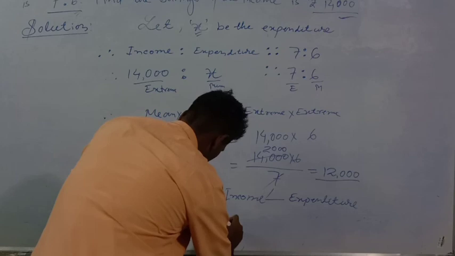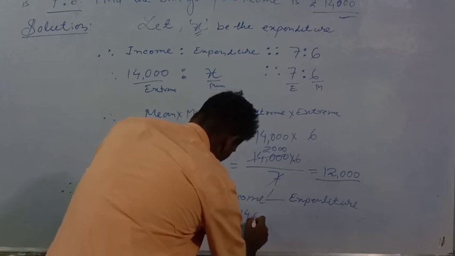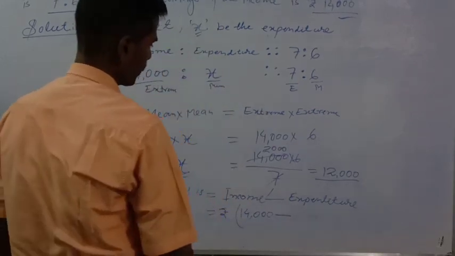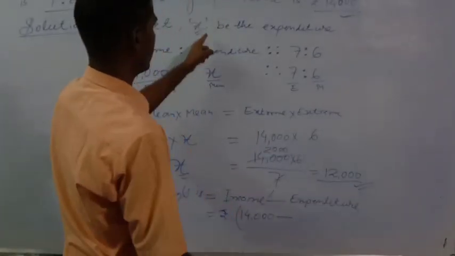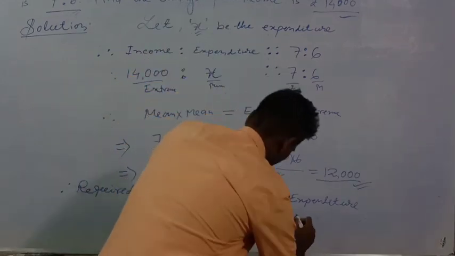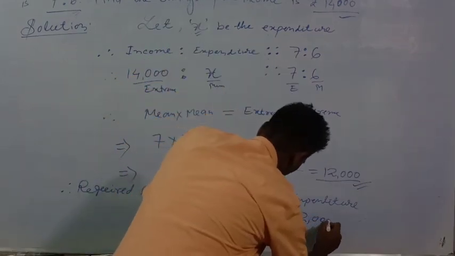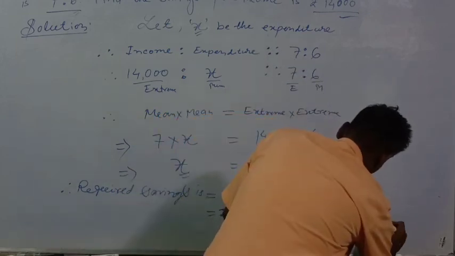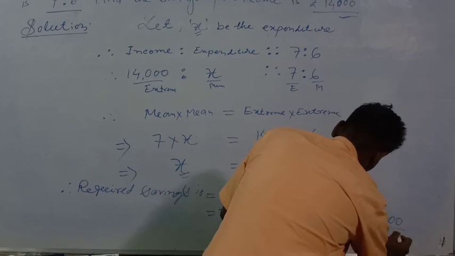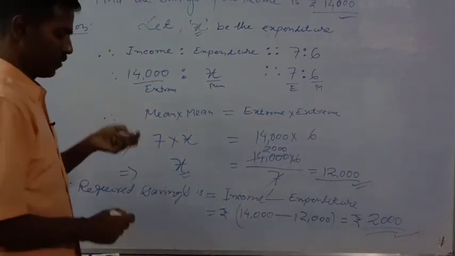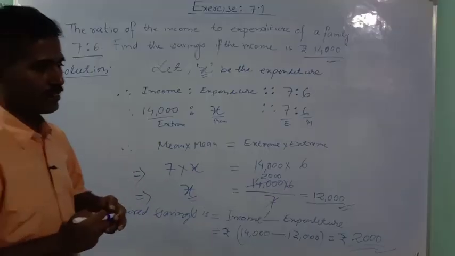So in place of income, rupees 14,000, then minus expenditure, what we got? 12,000. The value of X is 12,000 and X is the expenditure, as we assumed. So 14,000 minus 12,000, what will we get? Rupees 2,000. This is the savings. The required saving is 2,000. This is the solution of question number 10.